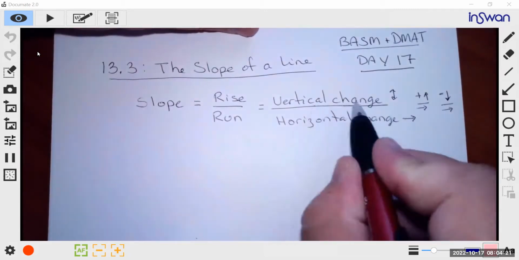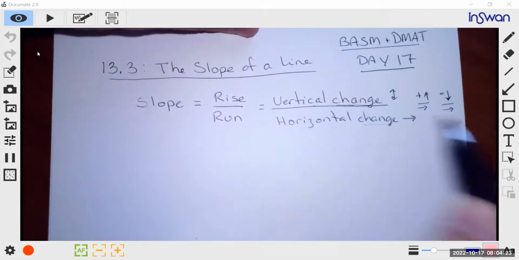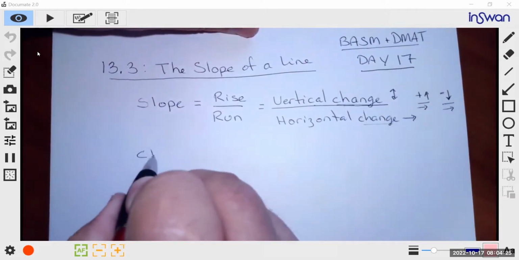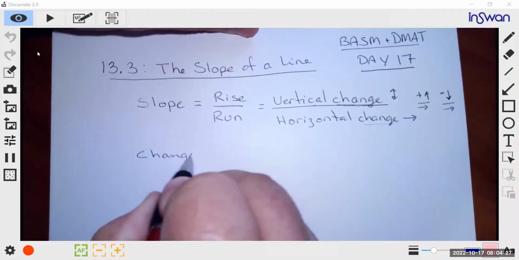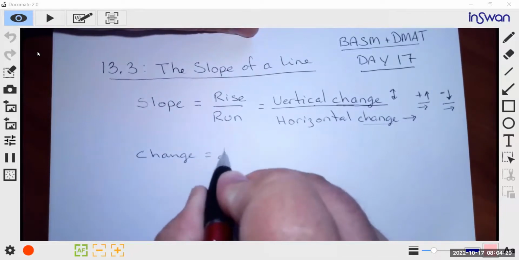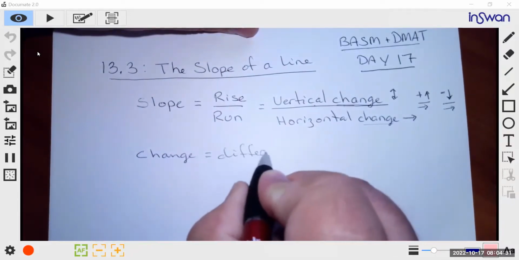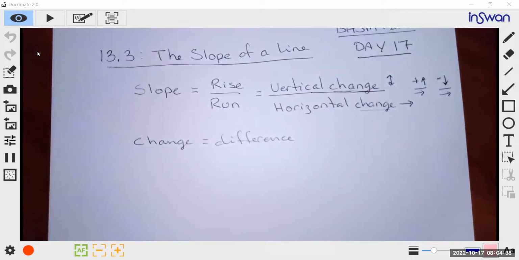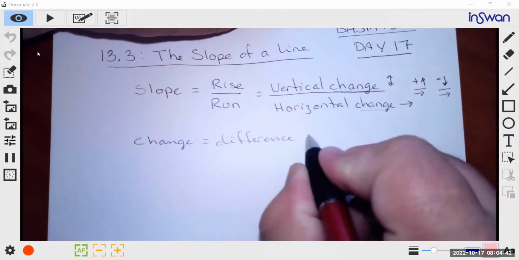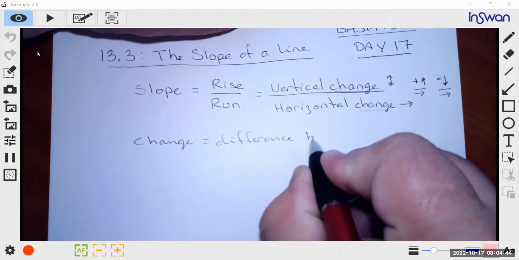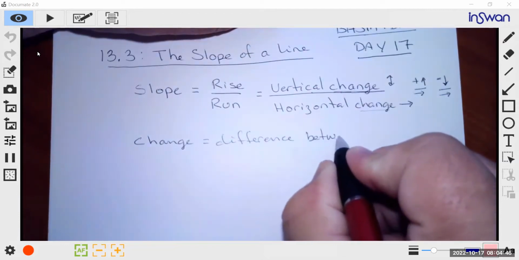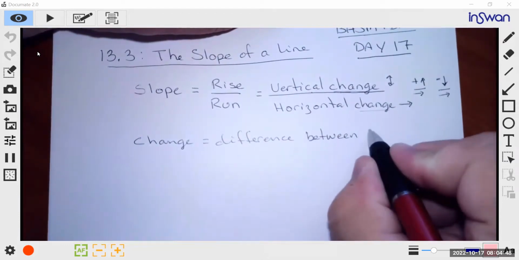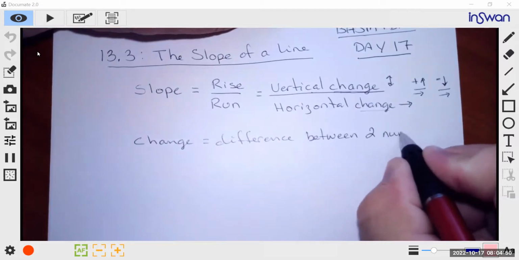So here we have vertical change and horizontal change. When we say change, what we mean there is the difference, more so between two numbers.